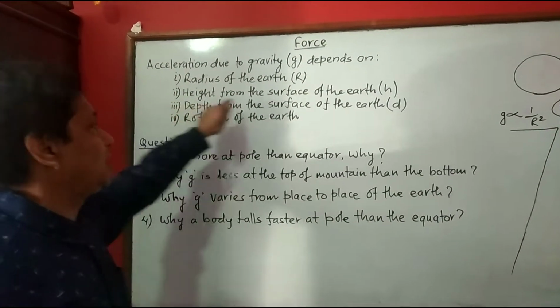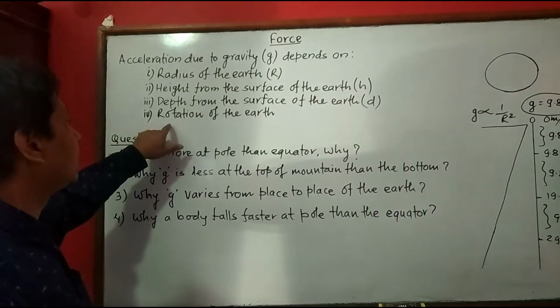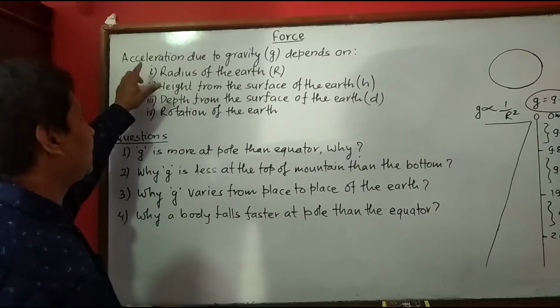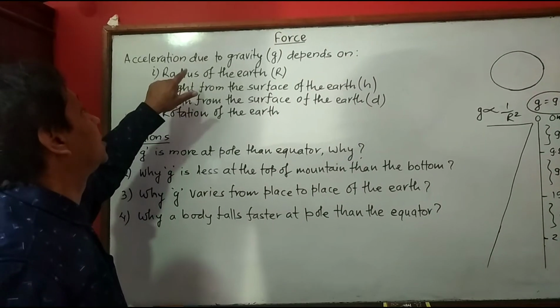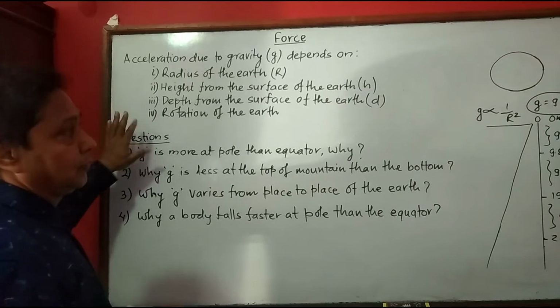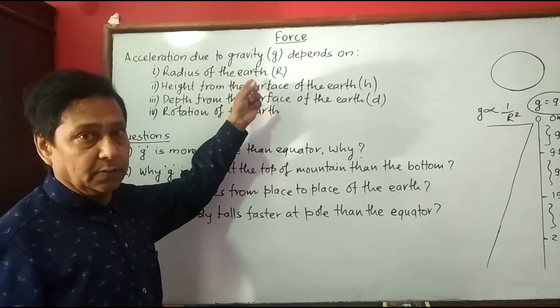Number 2, height from the surface of the earth. Number 3, depth from the surface of the earth. Number 4, rotation of the earth. Among these 4, the first one is highlighted in our syllabus, so I'll talk about it last. First, I want to finish the second, third, and fourth, and then I'll come back to our main focus, the radius of the earth.